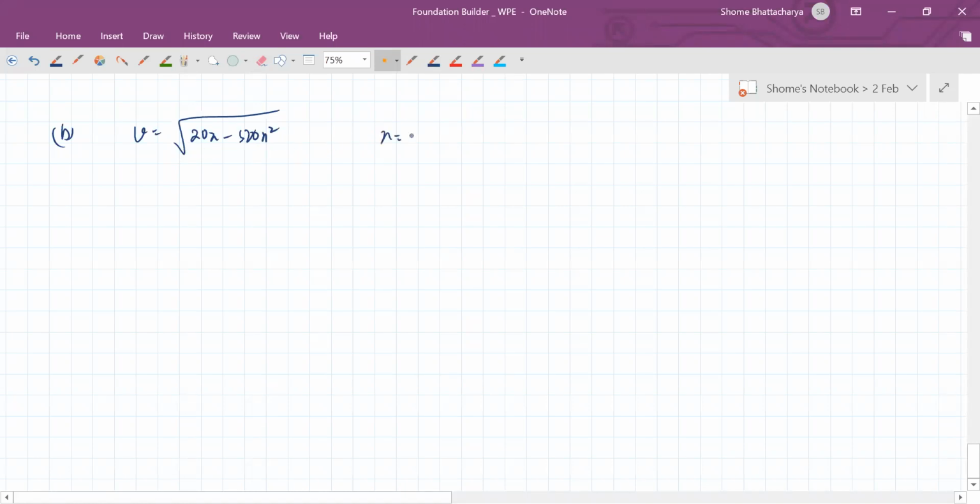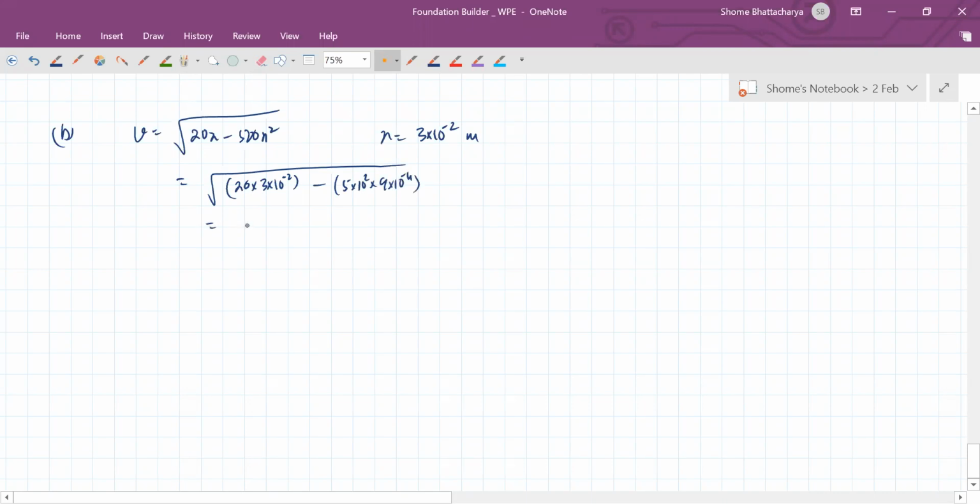Okay. So here you substitute x as 3 into 10 raised to the power minus 2 meters. So you get this as 20 into 3 into 10 raised to the power minus 2 minus 5 into 10 raised to the power 2 into 9 into 10 raised to the power minus 4.